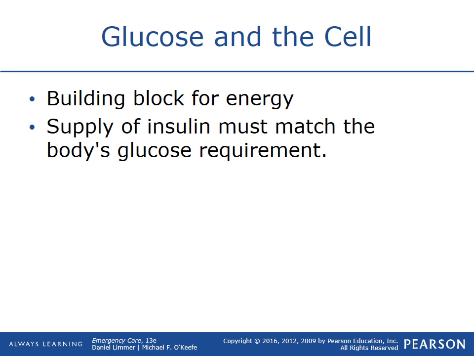That means glucose will just circulate around in your bloodstream, and then you'll have high glucose levels, but none of it will get to the cells, and your cells are actually starving to death. So insulin is created in the pancreas. So if you have a pancreas problem or a condition called diabetes where you're not producing enough insulin, then you won't be able to have enough insulin to unlock the door to the cell for glucose to get in.